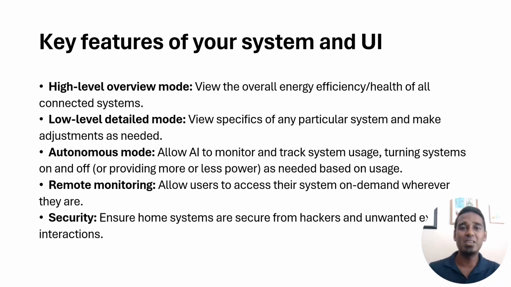Or you can use an autonomous mode, where the system gets a baseline of how you're using the systems in your home and provides anomaly detection: when things are being used more often than not, it will alert you. Or if you want it to automatically manage things, like turning things off during the night or putting them on a lower energy consumption level, you can do that as well.